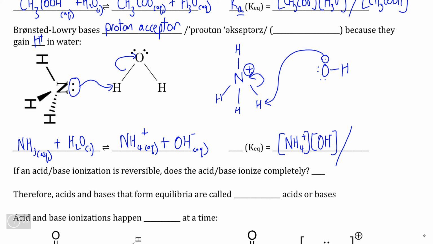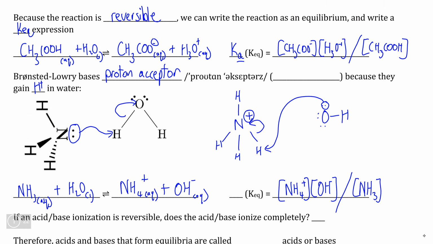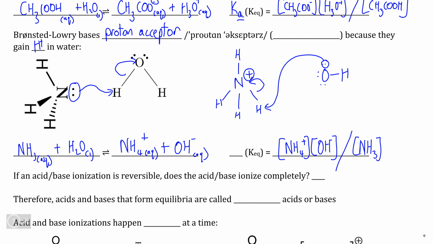It is the only solvent within this reaction, so the only concentration that goes in the denominator is the concentration of NH3. Now, just like in an acid ionization, we call the equilibrium constant Ka, because this is a base ionization, we would call the equilibrium constant Kb instead.